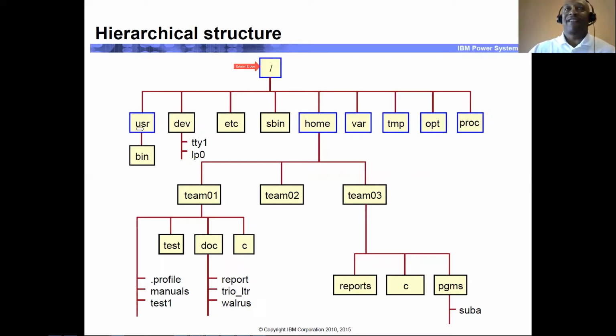I'll just do the blues first and then we'll come back to the regular directories. /home represents the home directory, root being /, but also the home file system. /var represents the /var directory, but also the var file system. Temp, same thing. Opt, optional, same thing.